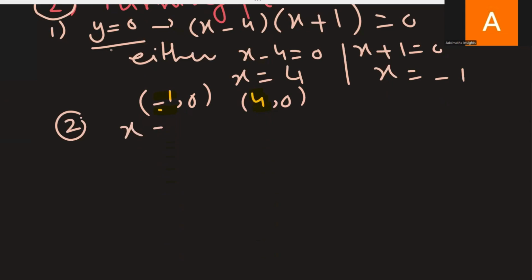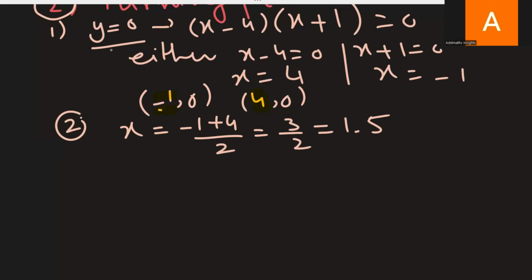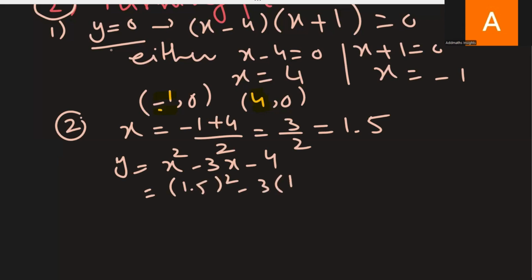So x is the midpoint of these x coordinates: minus 1 plus 4 by 2, which is 3 by 2, and this is equal to 1.5. This is only the x coordinate of the turning point. To find the y coordinate, you substitute the value in the original equation, which was y is equal to x square minus 3x minus 4. Now you substitute this value: 1.5 square minus 3 into 1.5 minus 4.